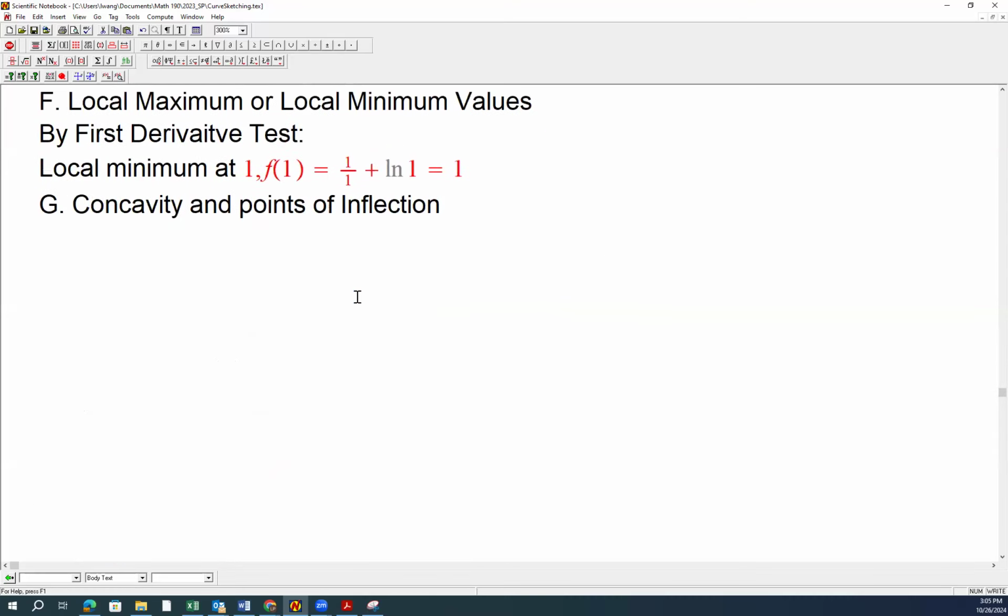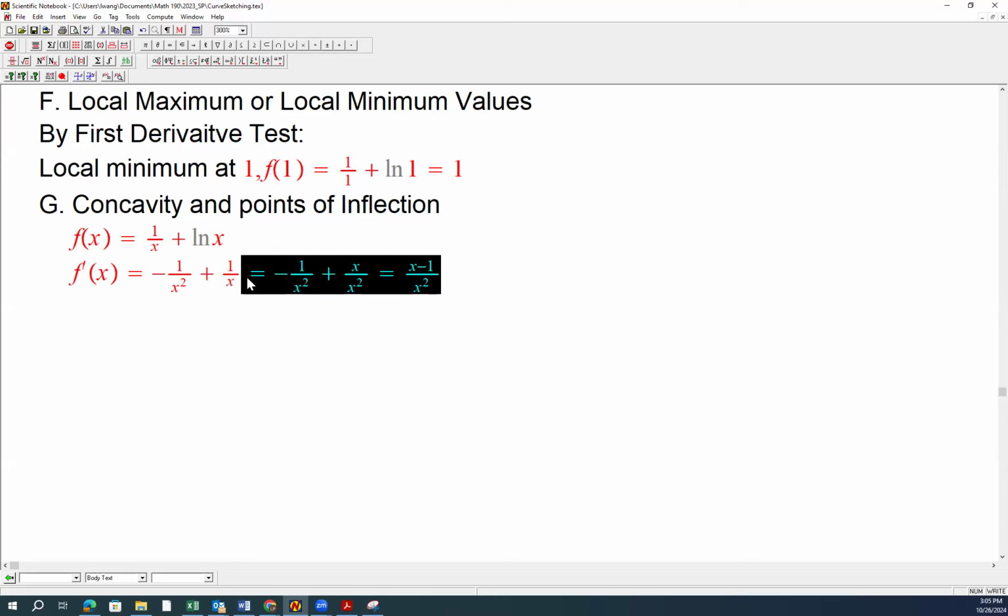I'm going to copy the whole thing here to decide which form we're going to use for the second order derivative. Which one is easier? If we use this form, we're going to be using the quotient rule. If we use these two, it's the power rule. So let's find the second order derivative from the first order derivative.